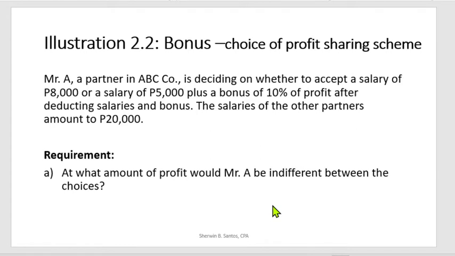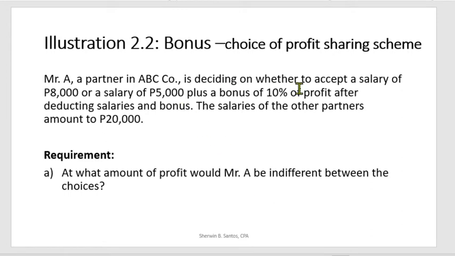So, ano ibig sabihin ng word na indifferent? Well, kumbaga, kahit na anong alternative ang piliin niya ay will result on the same item. Kumbaga, same result lang din. So, indifferent siya. Kumbaga, kapag pinili mo either of the items.